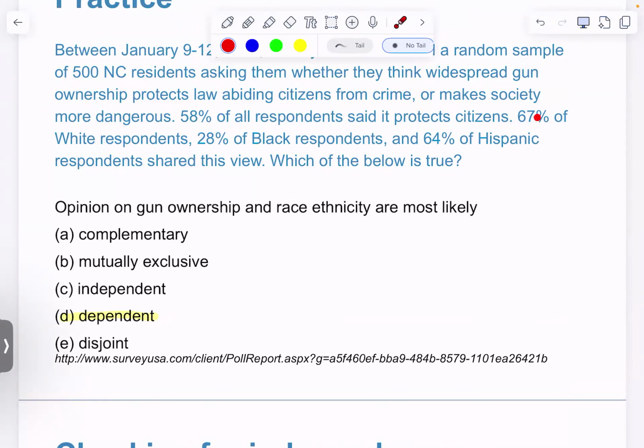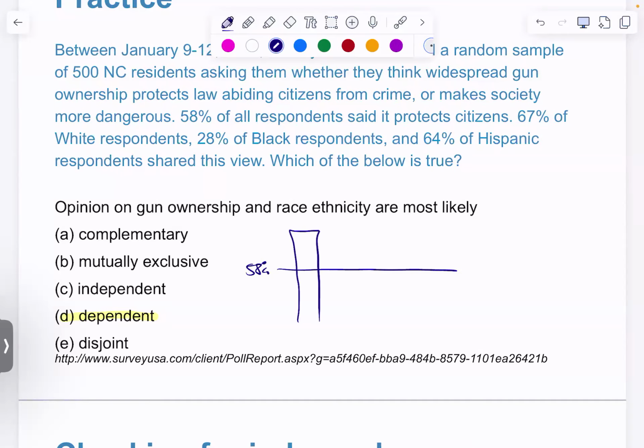If they were independent, I would expect each of these individual groups to be hovering around 58%. But because they're quite different, we've got this baseline of 58%, but then we had 67%, a 28%, and a 64%.